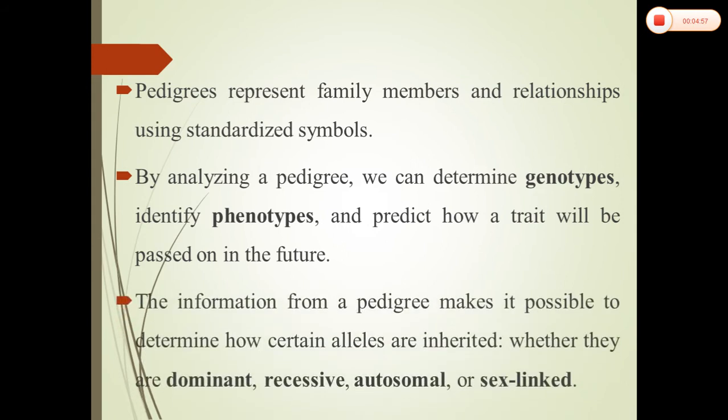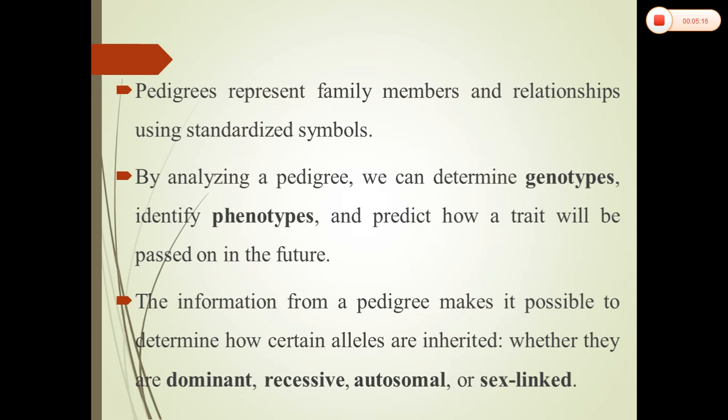Now, the information from a pedigree makes it possible to determine how certain alleles are inherited, whether they are dominant, whether they are recessive, autosomal or sex linked. So what exactly do we find in that chart?